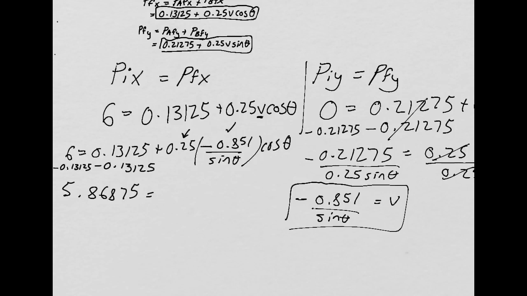So let's do this multiplication. This guy times this guy. Next. 0.851 times 0.25 is negative, because there's a negative sign right here, 0.21275.